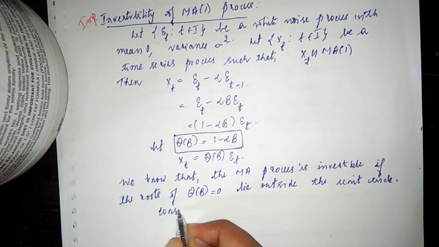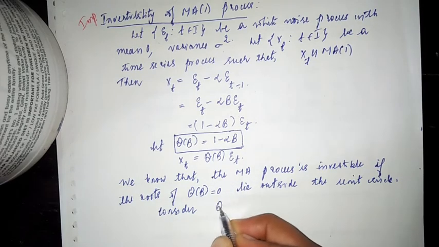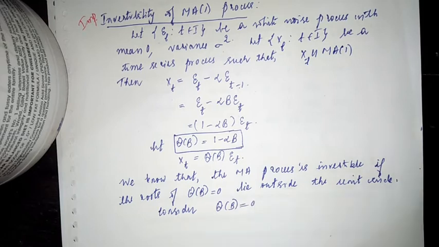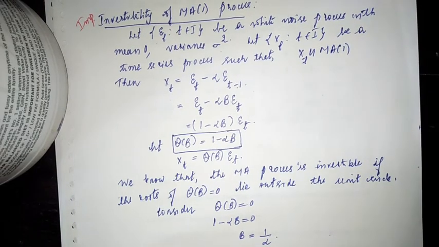So it is a very simple derivation. Consider theta of B is equal to 0. So what is theta of B? It is nothing but 1 minus alpha B is equal to 0. So what is B? B is 1 by alpha. So we know that the process is invertible if root is outside the unit circle, right?